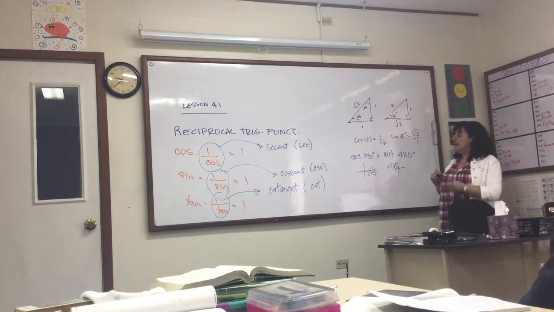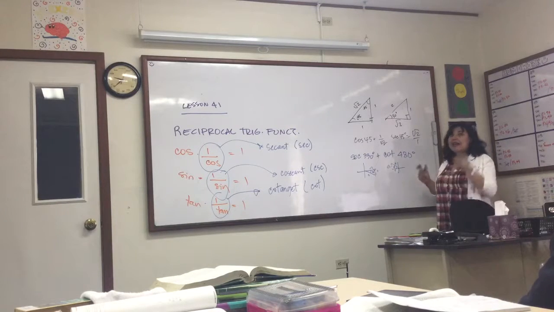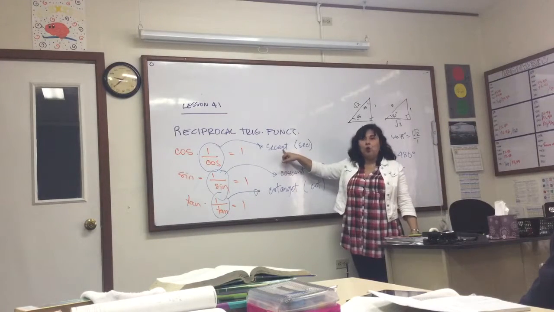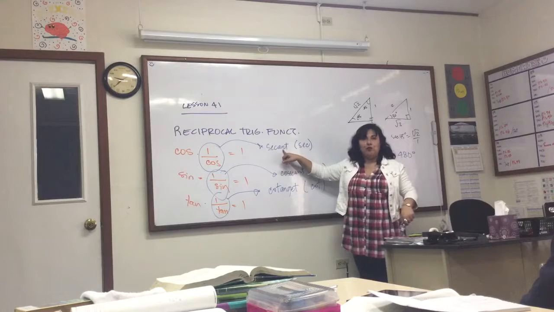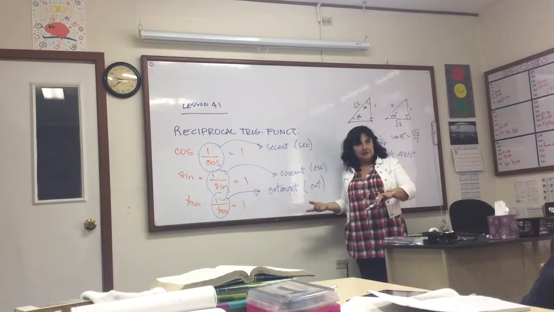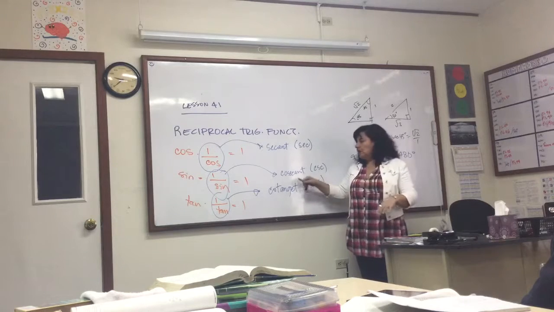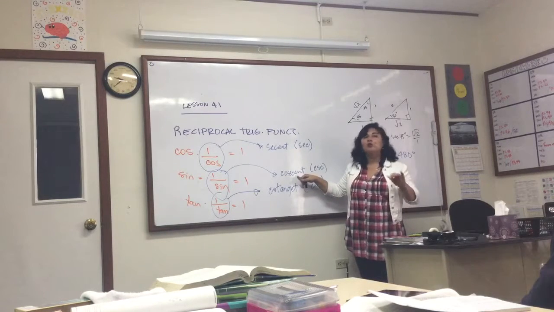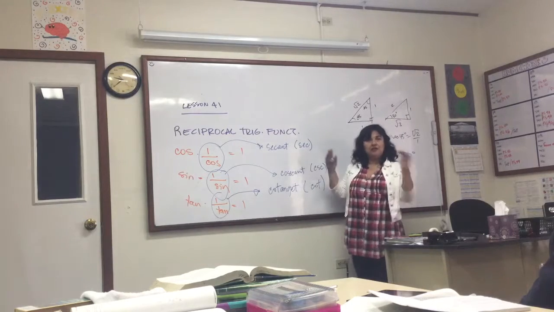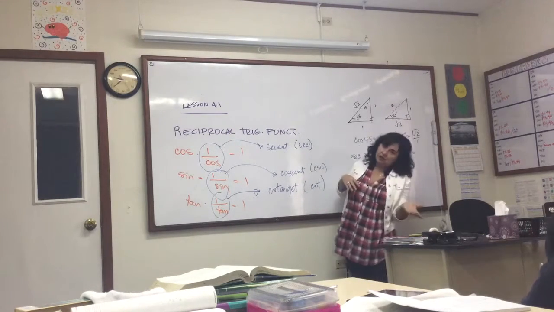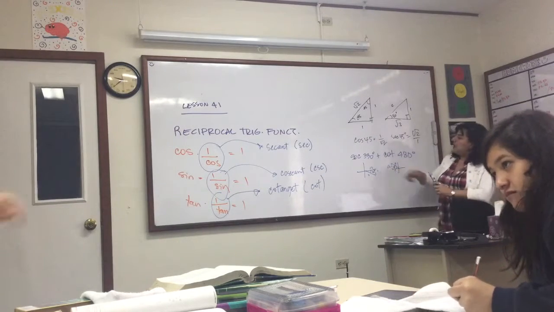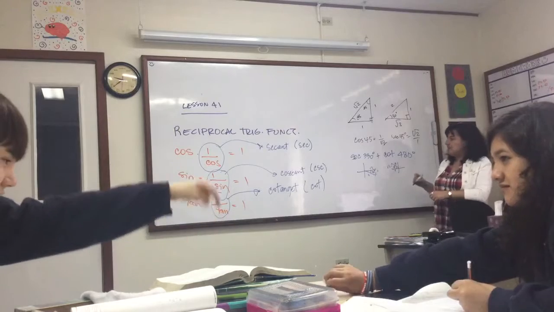So the secant of 330, the way I remember it is, if this doesn't have a co, then it's got to be over a co. So secant is with cosine, and cosecant has to be with sine. Does that make sense? You can't have a co with a co. Cosecant can't be 1 over cosine because it already has a co. So cosecant goes with sine, and secant goes with cosine. Okay? So this is the secant of 30 degrees.